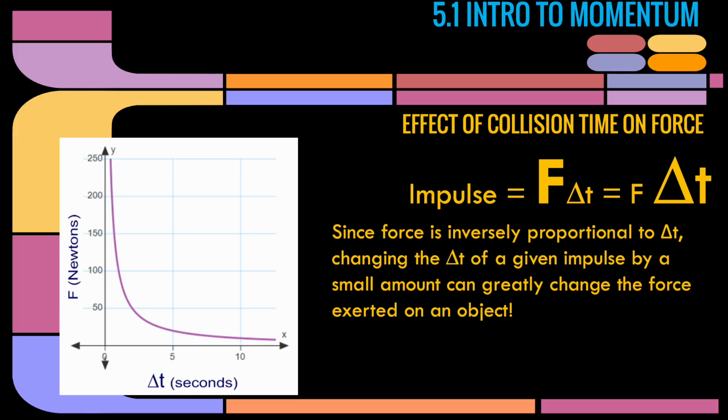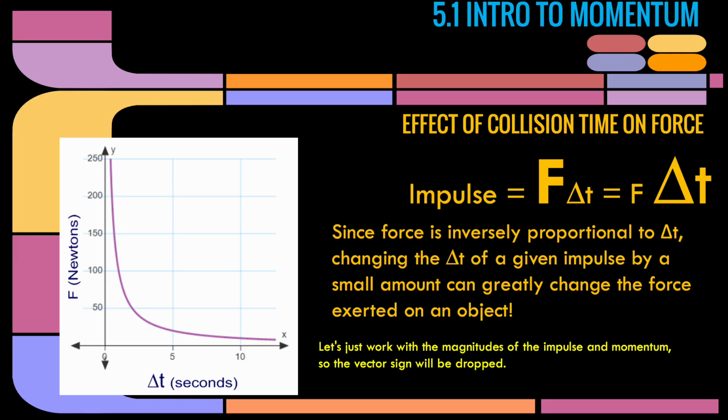So since force is inversely proportional to delta T, changing the delta T of a given impulse by a small amount can greatly change the force exerted on the impact. So at this point, we're going to just work with magnitudes, and we're going to drop the vector sign in all of our equations, which kind of just helps us write stuff out a little easier.